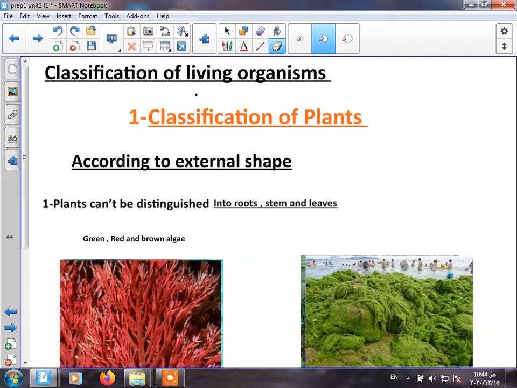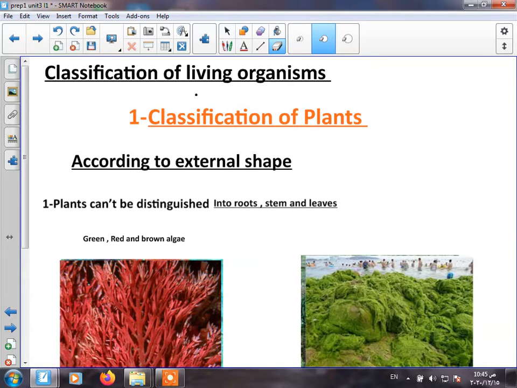Why, prep 1, do we put the living organisms in groups? According to their similarities. I will put the similar ones together in one group. Why? To make their study easier, because I have a huge number of living organisms and they are different from each other, right?